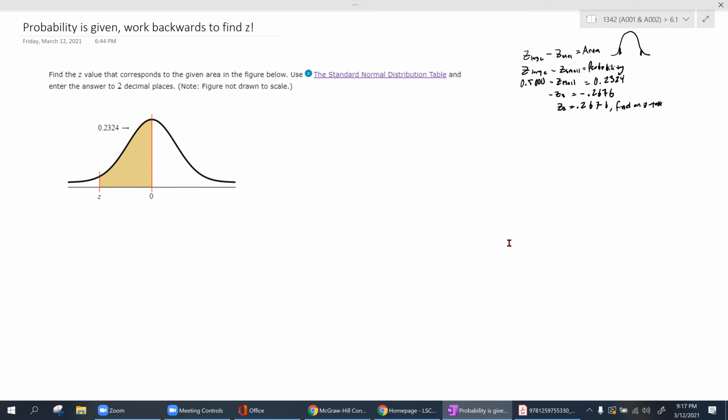I'm told that the area between this unknown z and z equals 0 is 0.2324, and I need to find the z value that corresponds to this. I'm looking for that z area right here to the left. One thing you know is if it's to the left of the curve, the z value must be negative.